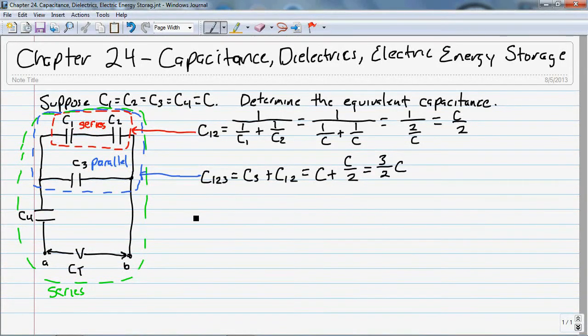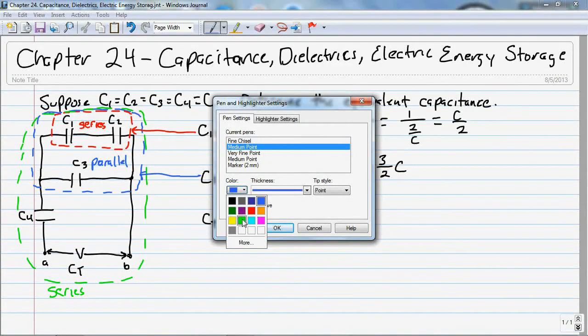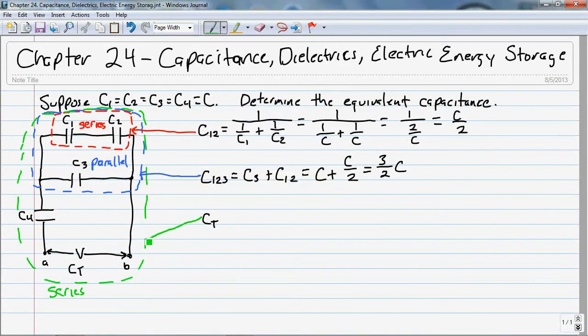And now we can find CT, that's our total capacitance, and it's a series, so I'm going to take it equal to 1 over C4 plus 1 over C123.